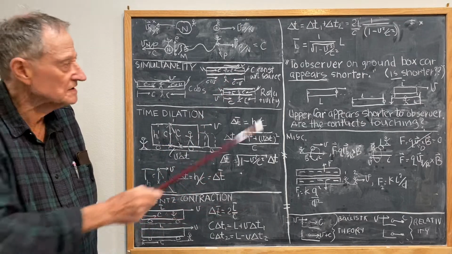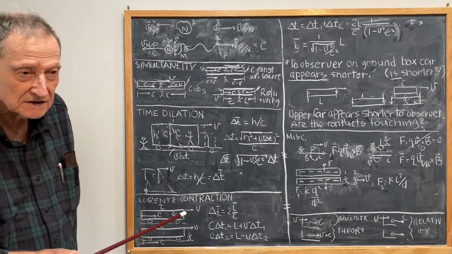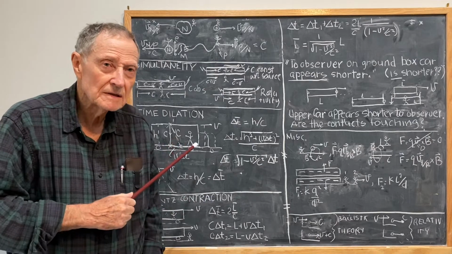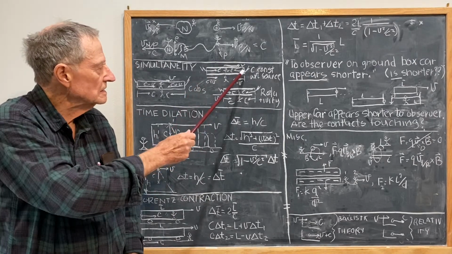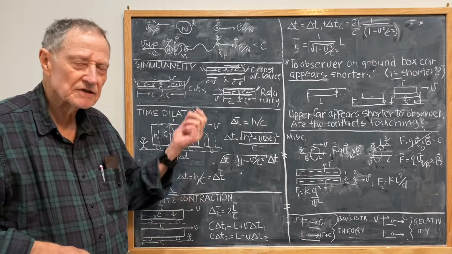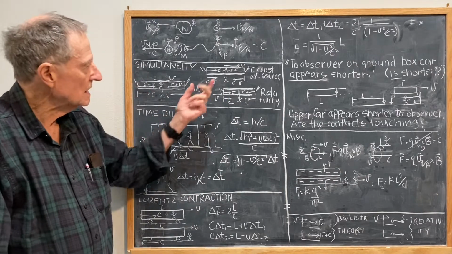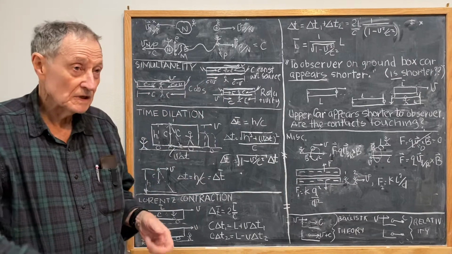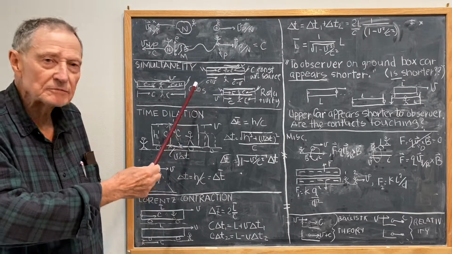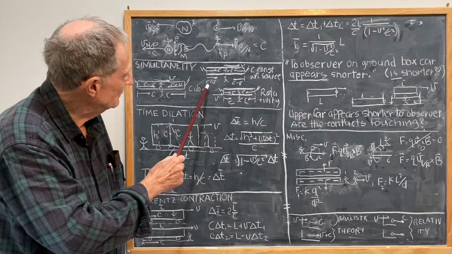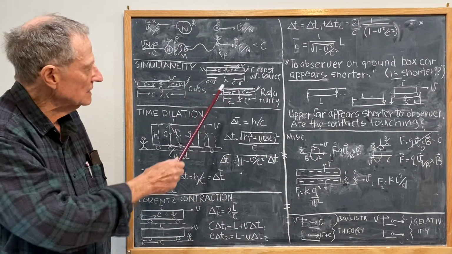If you assume that c is constant with respect to source, then the passenger sees the same speed of light approaching her, and she concludes that the lightning strikes are simultaneous, whereas the observer on the ground sees a speed of c plus v on his left and c minus v to his right, and he concludes that they are not simultaneous.